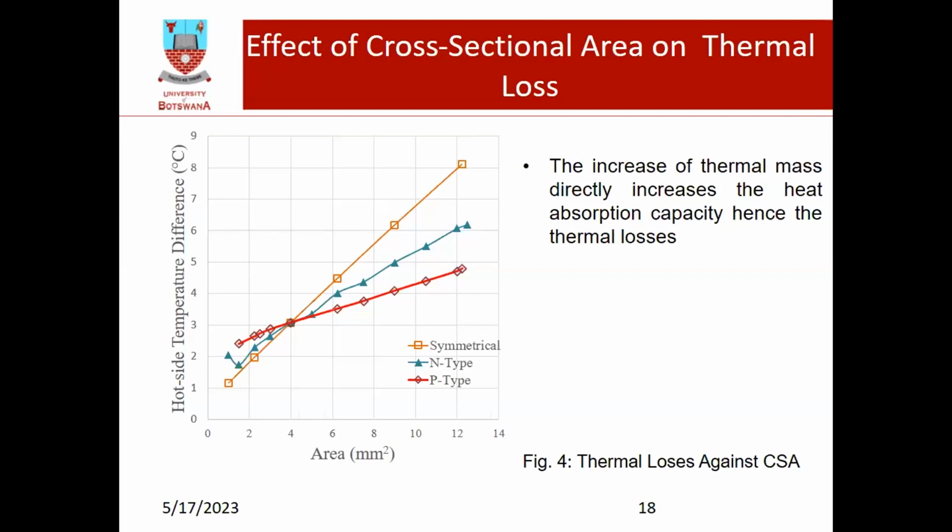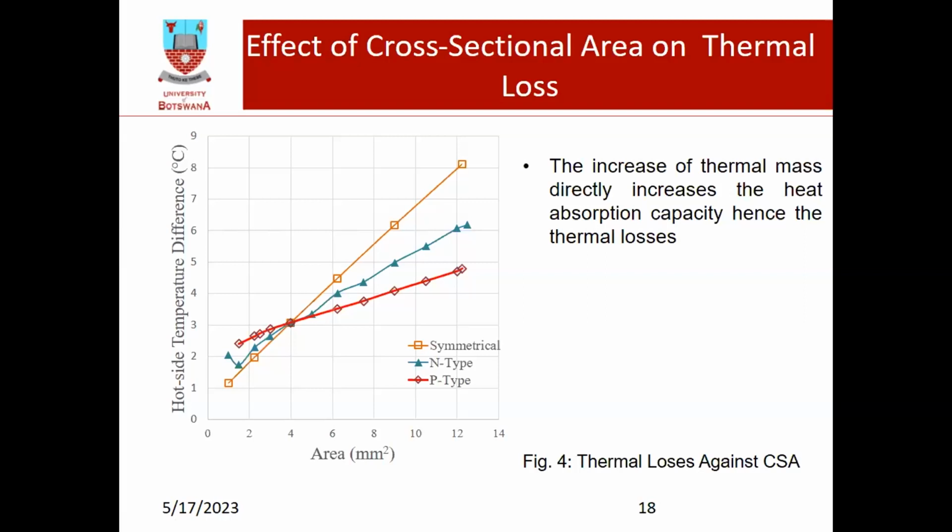You'd find that for the three simulations that we had run, we have the symmetrical module, the variation of the N-type, and the variation of the P-type. The symmetrical module records higher thermal losses because an increase in the thermal mass directly increases the heat absorption capacity, hence the thermal losses as well.